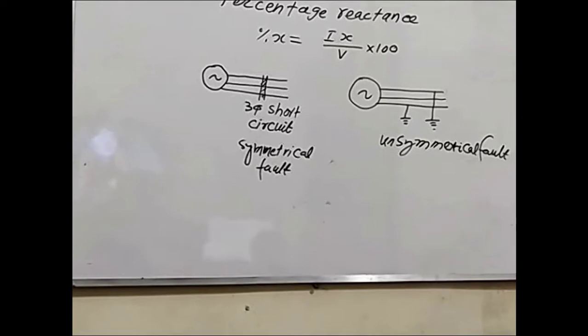So at first, you have to understand fault is two types. One is symmetrical, another is unsymmetrical. What is symmetrical fault? When all the three phases are short circuited together, then it is symmetrical. Unsymmetrical means one line to ground, two line to ground, or short circuit between two phases, like that.